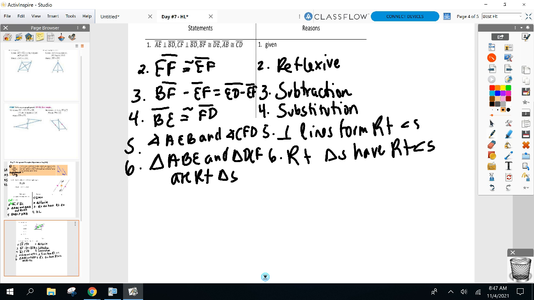Okay, now I think we're good. Now you can tell me they're congruent. Who would have thought 8 steps, huh? In such a fast amount of time. HL.